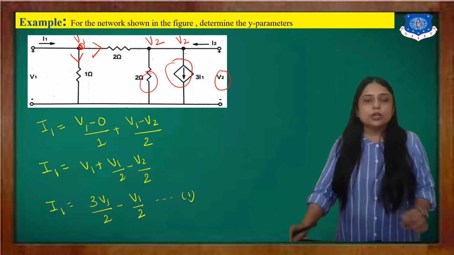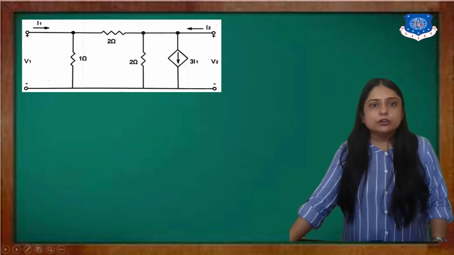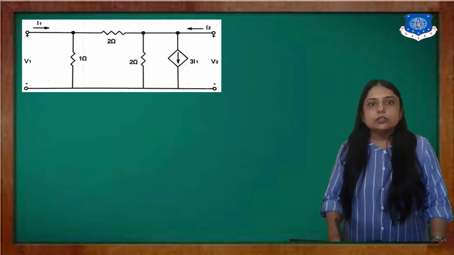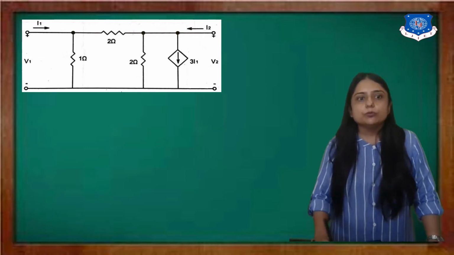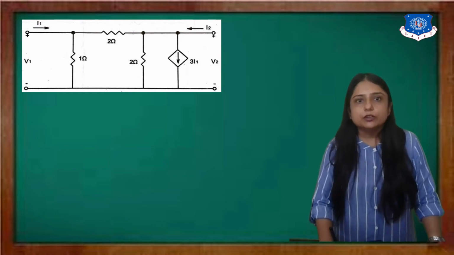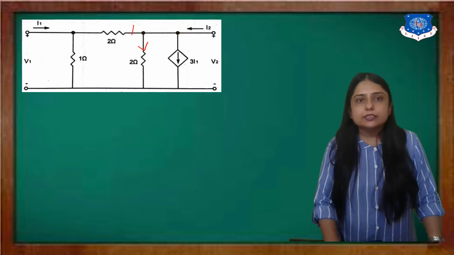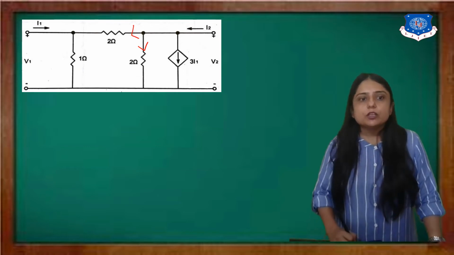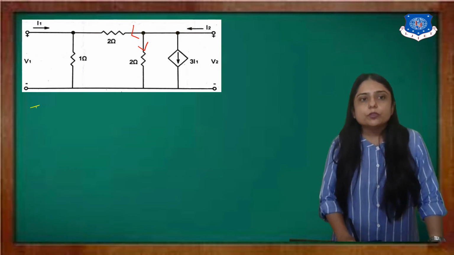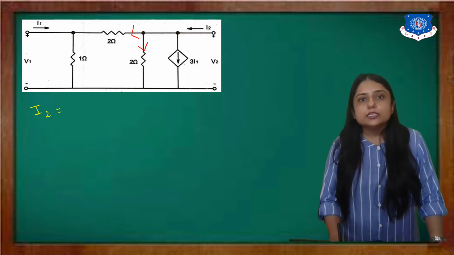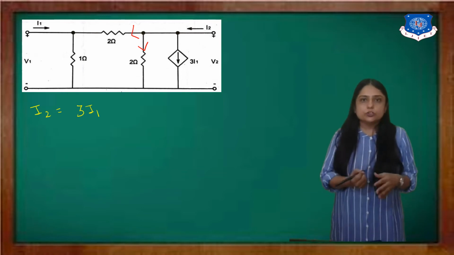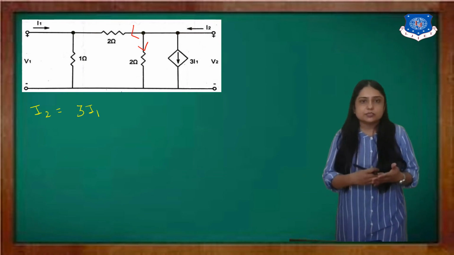Now similarly, I have to write the equation for the node V2. First of all, I will specify the current direction of this current I2, which is divided among these branches, so three different branches. My equation becomes I2 equal to this current, which is 3I1. The current is directly given to us, so there is no need to write the voltage divided by resistance.